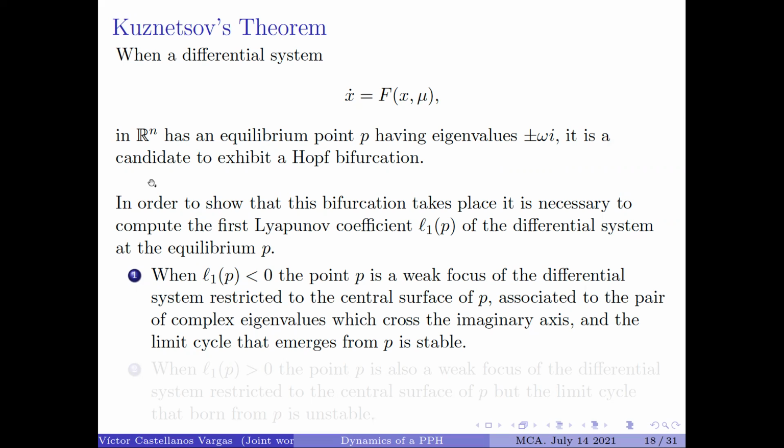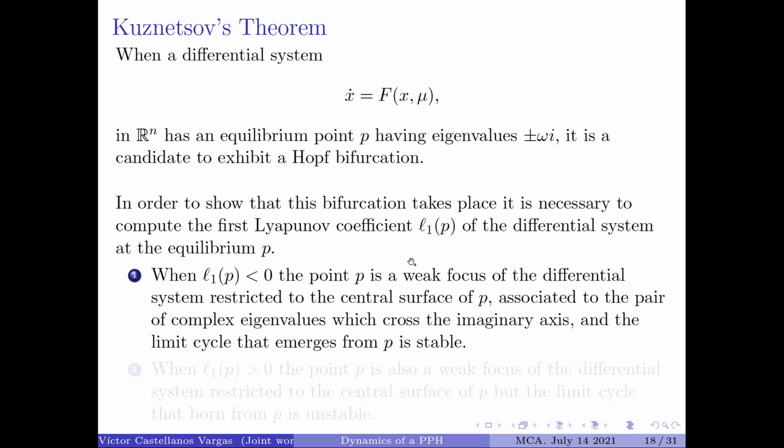Okay. And then if we have an equilibrium point with eigenvalues plus minus omega i, then we have a candidate to exhibit a Hopf bifurcation. In order to show that this bifurcation takes place, it is necessary to compute the first Lyapunov coefficient, L1, at the equilibrium point P of the differential system.